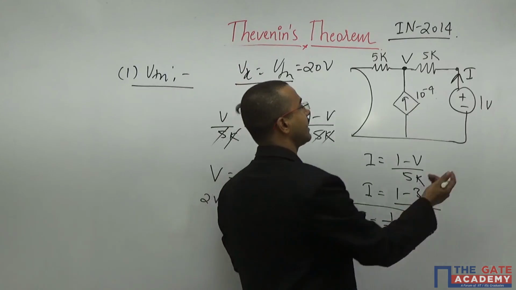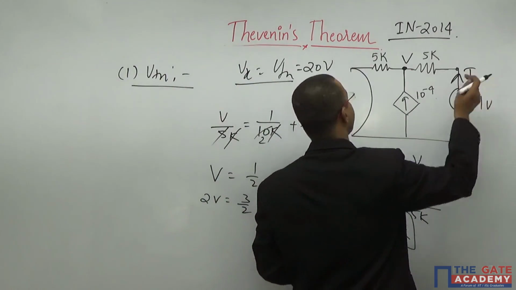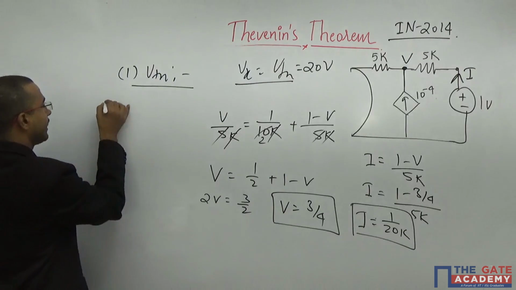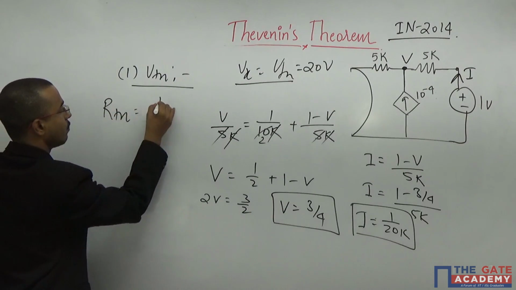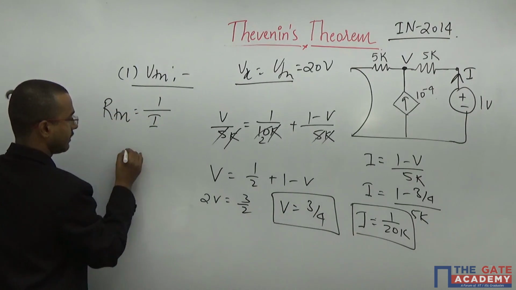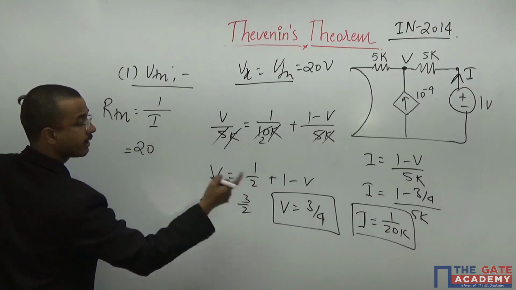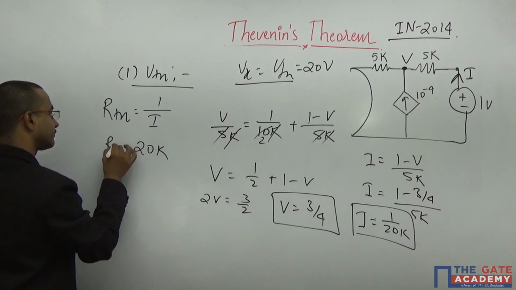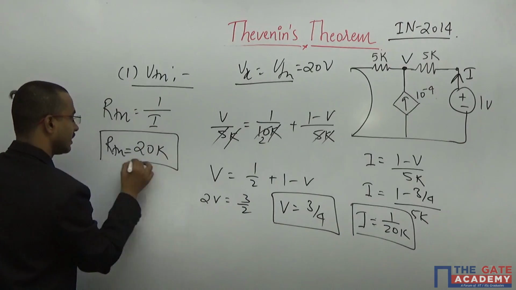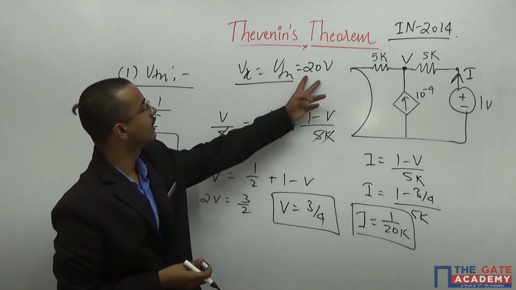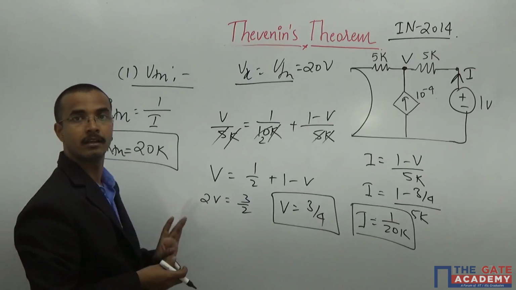And what is my RTH? The voltage is 1, current is I. That means my RTH will be 1 upon my capital I. That means the value will be 20K from there. That means my VTH is 20 volt and my RTH is 20K.